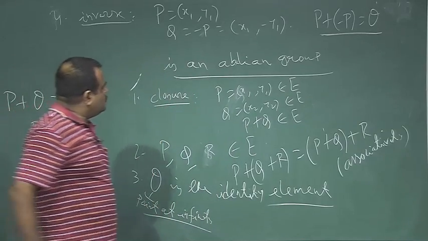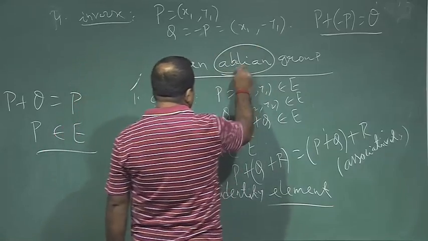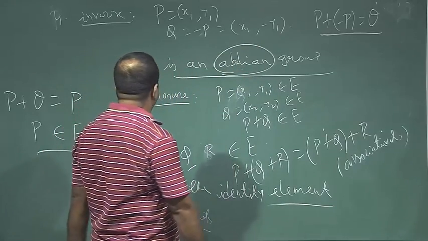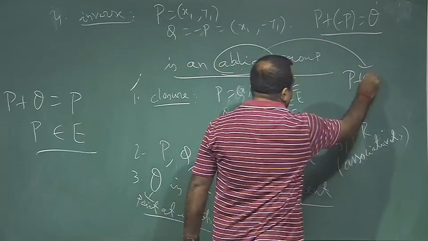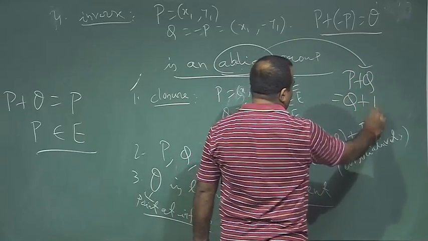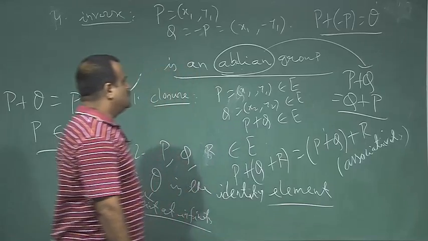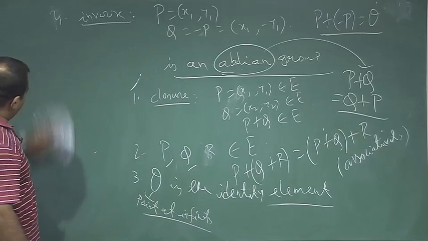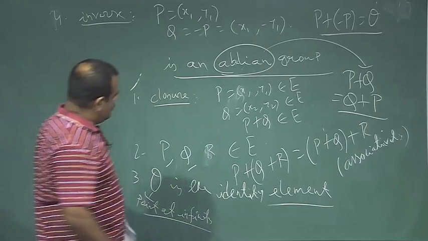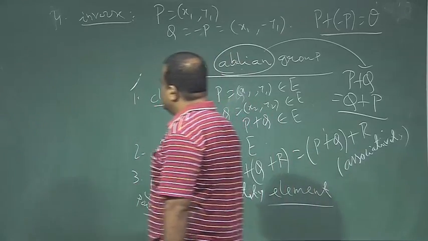Okay, and we are also telling it is an abelian group, that means it is commutative. Commutative means P plus Q should be equal to Q plus P. This is quite obvious. So, this will form a group. So, this group is coming from the elliptic curve points.